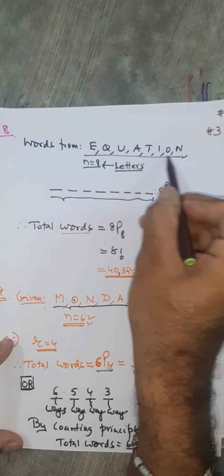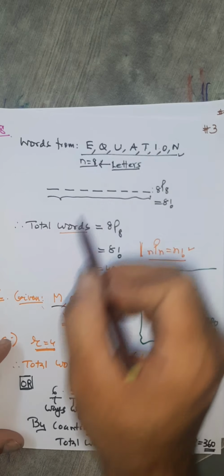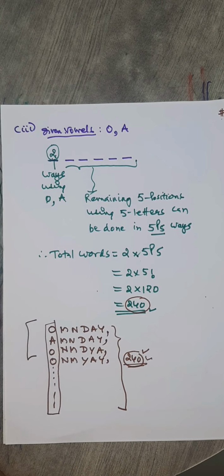Distinct means different. Ek bhi andar repetition nahi hai. But aap next question dekhenge, Mississippi, the letters are being repeated, remember. Andar repetition hai. Like in Mississippi, S repeated 4 times, I repeated 4 times, P repeated 2 times.